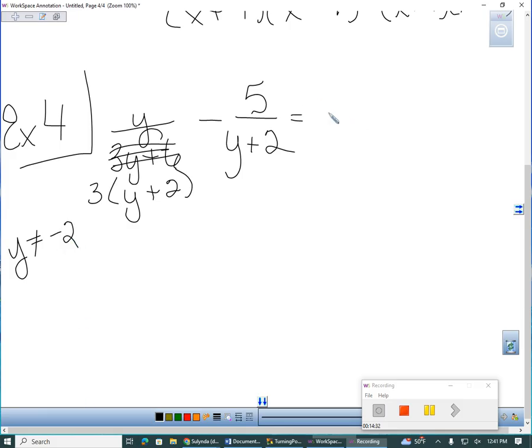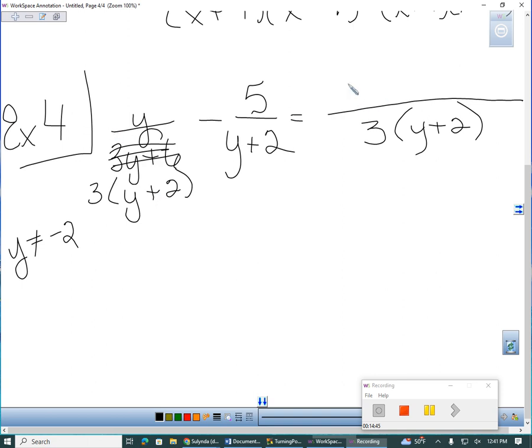All right, now let's find our common denominator. Both fractions have a y plus 2, so I'm going to write that down. What else do I need to include in my common denominator? 3. Good. All right, starting at the top. In my first fraction, it has both factors on the bottom that are in my common denominator.